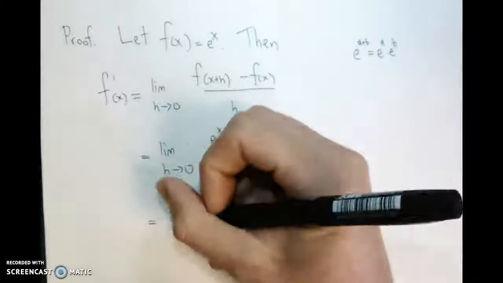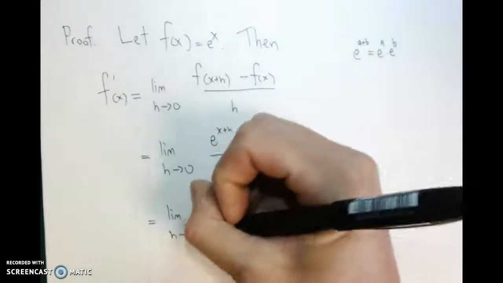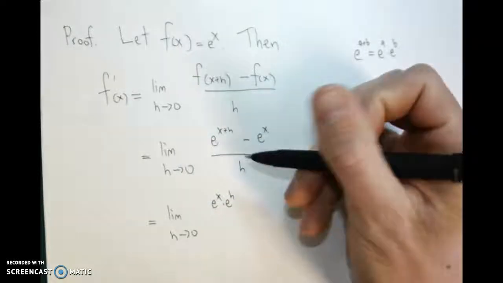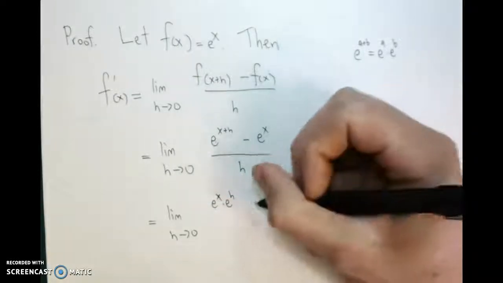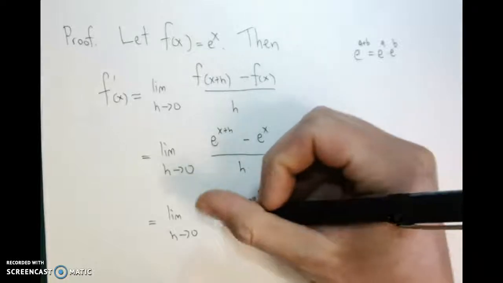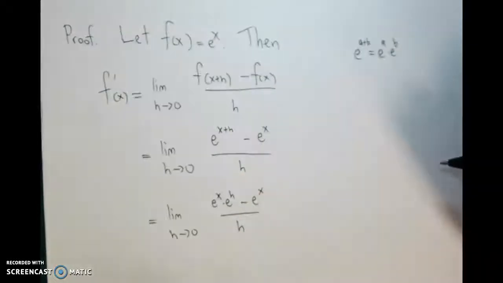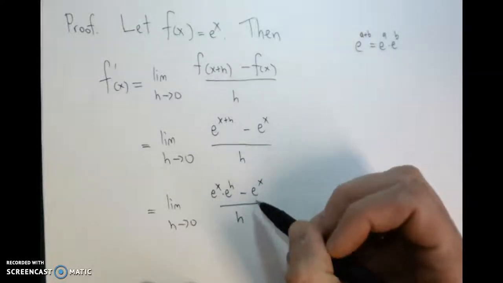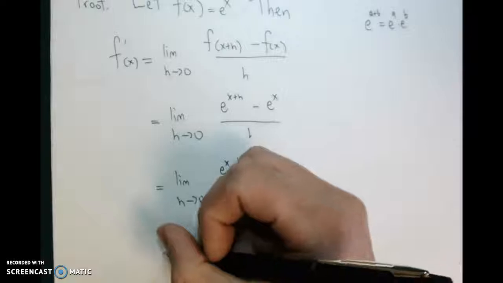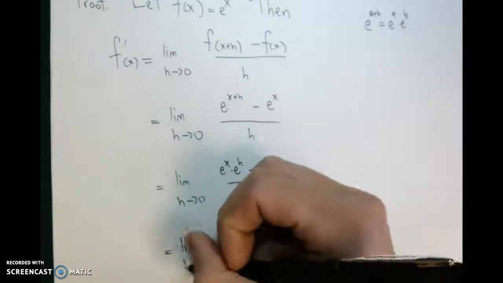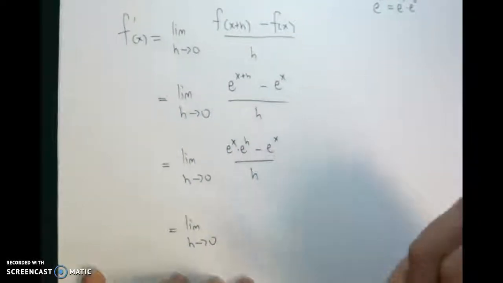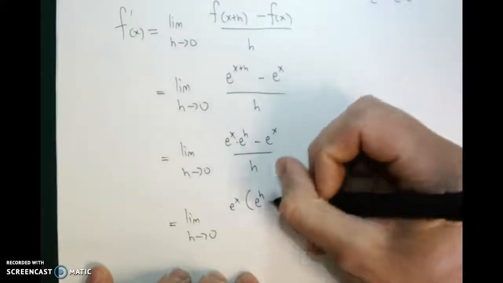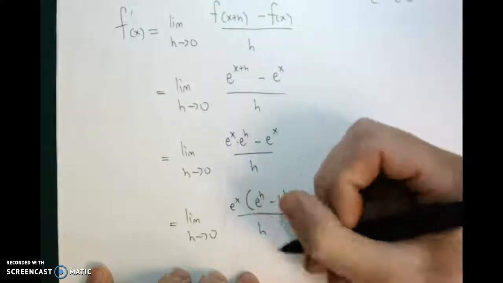I'm going to get the limit as h goes to 0 of e to the x times e to the h, since a plus in the exponent makes a times, minus e to the x, divided by h. At this point, what should you do? Well, you have a common term e to the x in both. Let's factor that out. So I'll have the limit as h goes to 0 of e to the x times e to the h minus 1, over h.